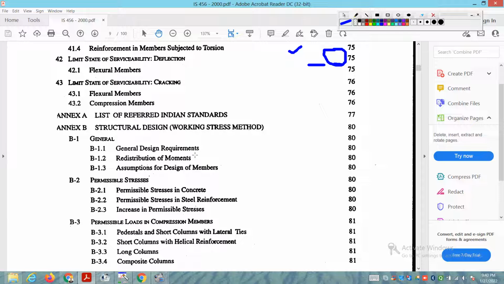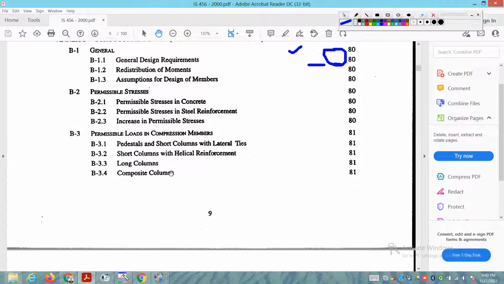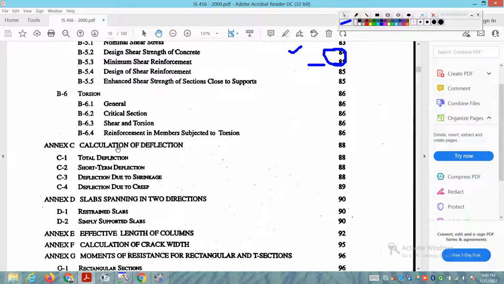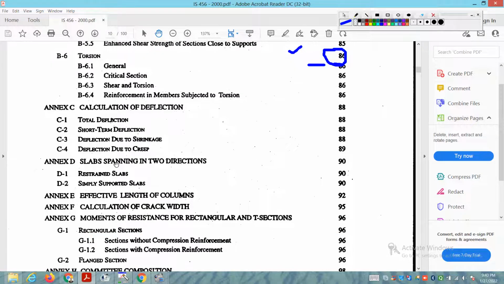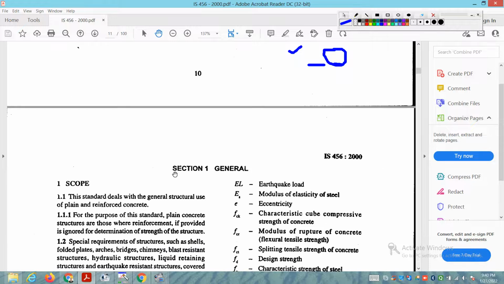If someone wants to design, they can use these values, permissible stresses, permissible loads in compression members. Annexure C is calculation of deflection, annexure D is slab spanning in two directions. So these are the annexures given.